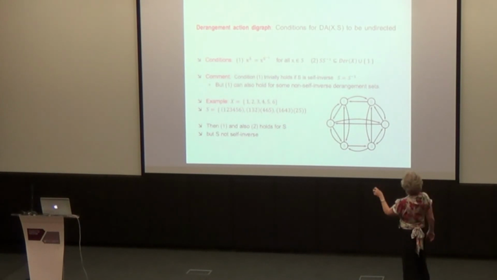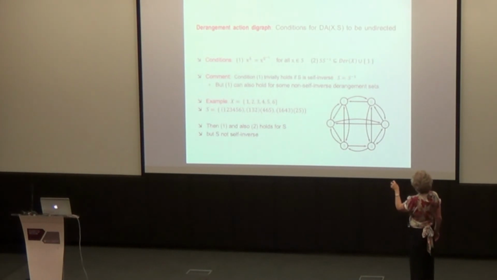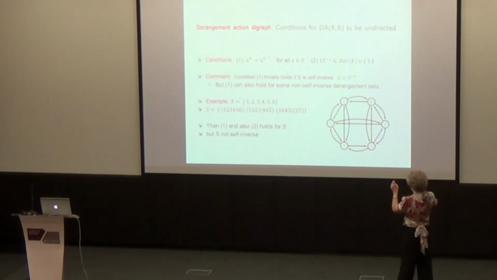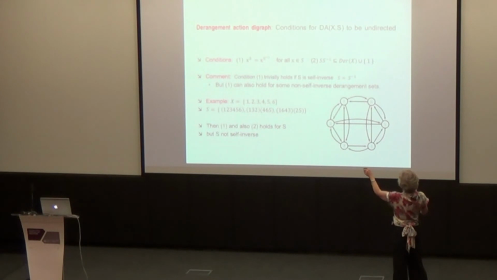A comment about this condition. If S is closed under taking inverses, then it's much easier to say, well, this is obviously true and we don't have to write it out singly for all of the vertices x.